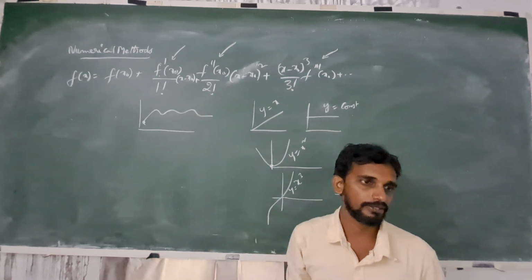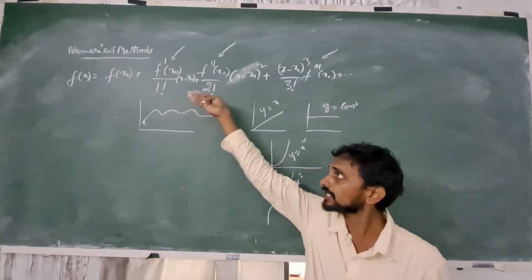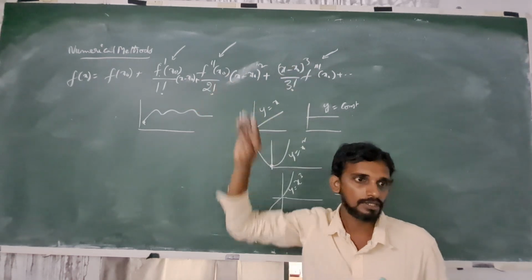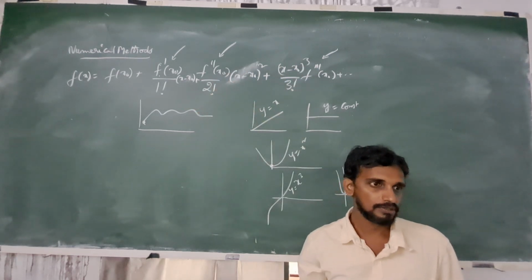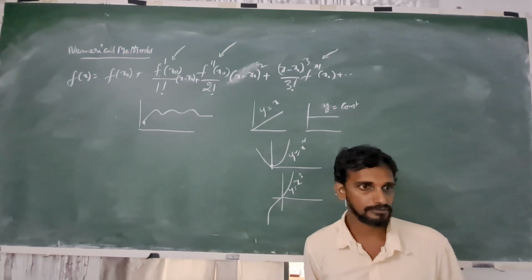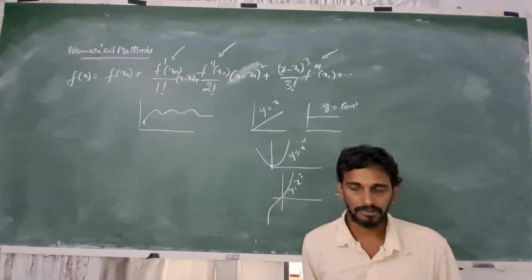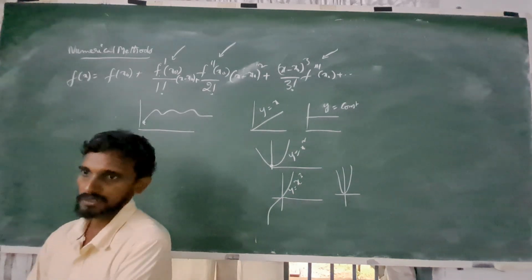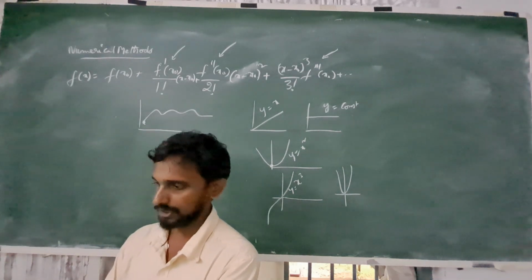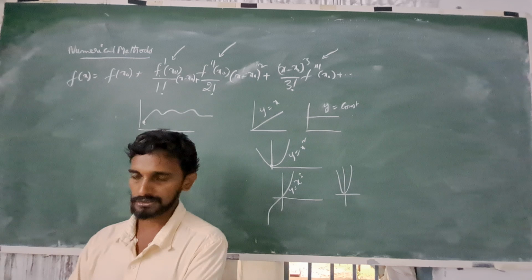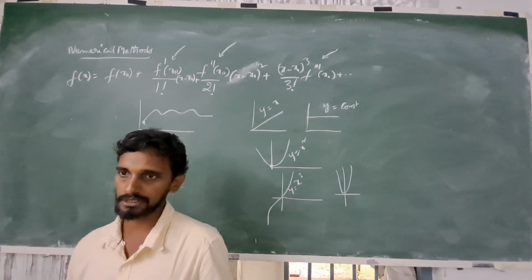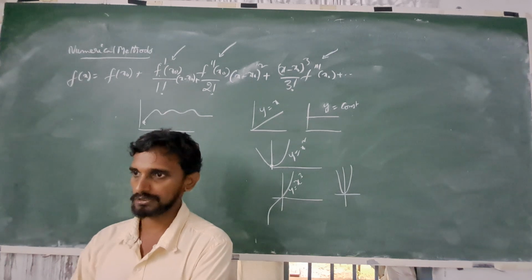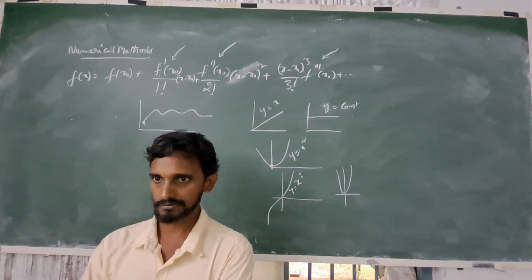Even if you don't know the derivative of e power x or something else, and if you just know the derivative of x, x square, x cube and all, you'll be able to get the result. So that is the fundamental idea in numerical methods. You'll be able to dissolve the given function into a Taylor series and then apply whatever further operations you need.